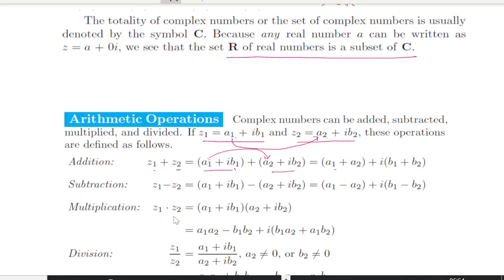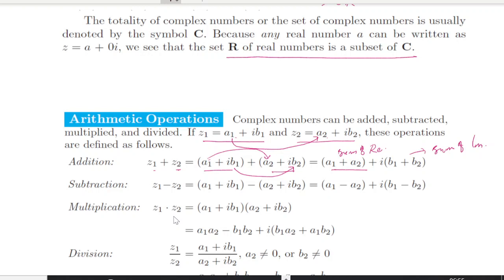Next, i into b1 plus b2. Coordinate wise we can say. That is the sum of real parts, and this is the sum of imaginary parts.